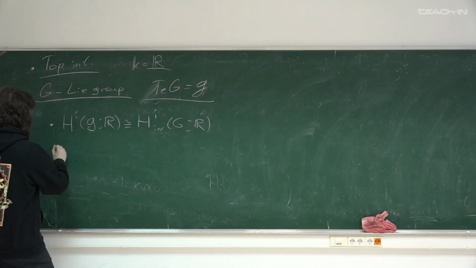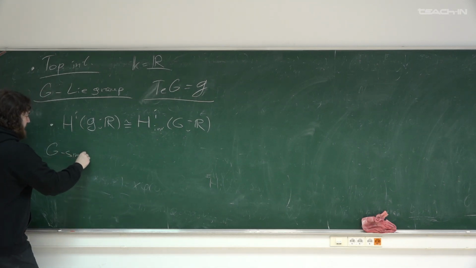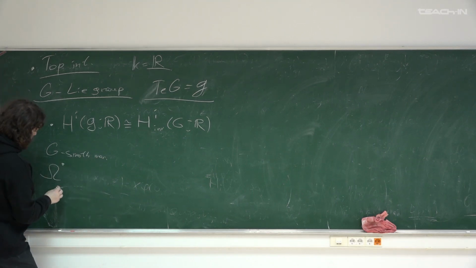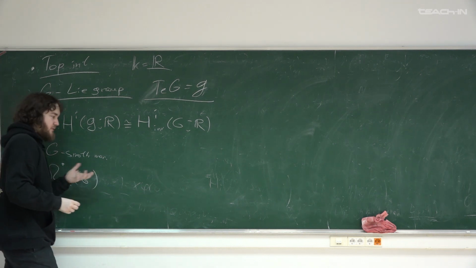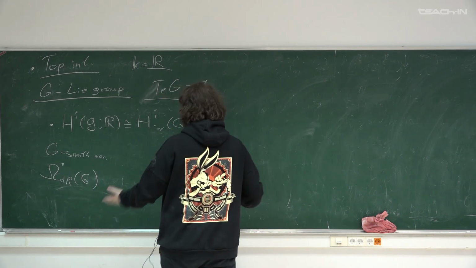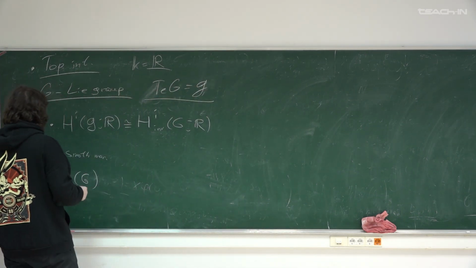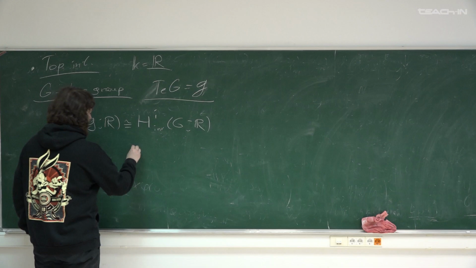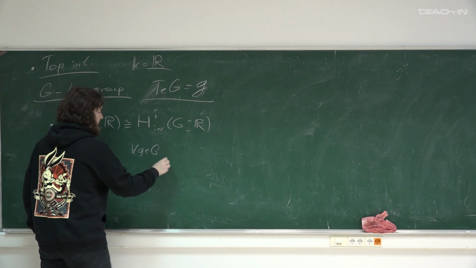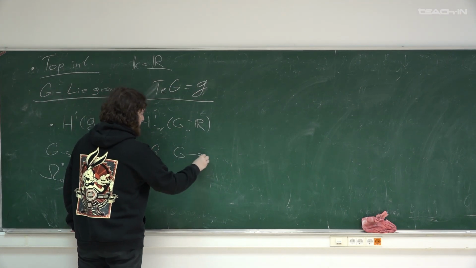We can consider G as a smooth manifold, so it has the de Rham cochain complex of differential forms. We have the action of G on itself, for any g in G, by left multiplication, for example.